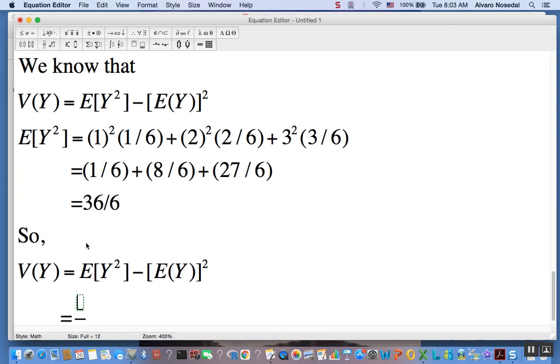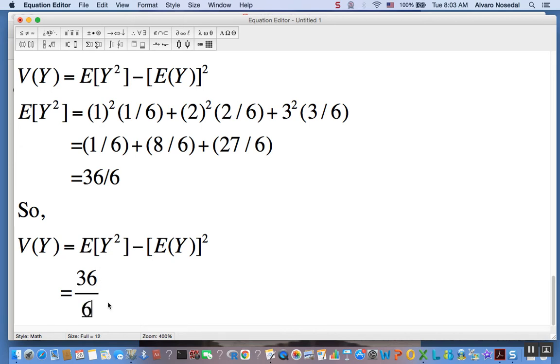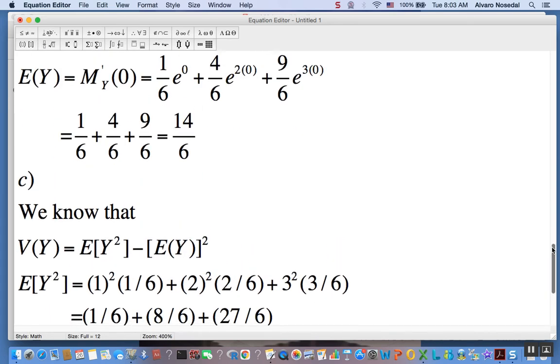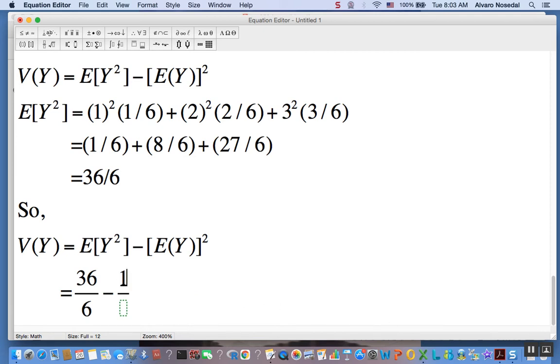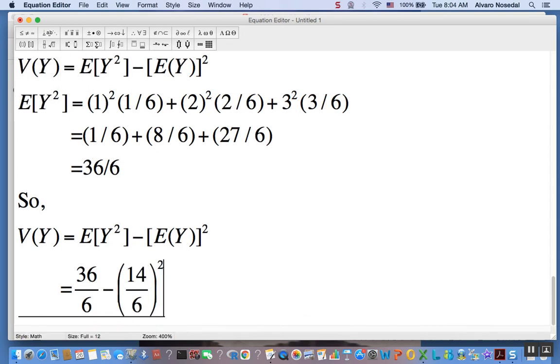Let me write it down like this: 36 divided by 6 minus, and we have 14 divided by 6, that's the expected value. So 14 divided by 6, that squared. Okay?